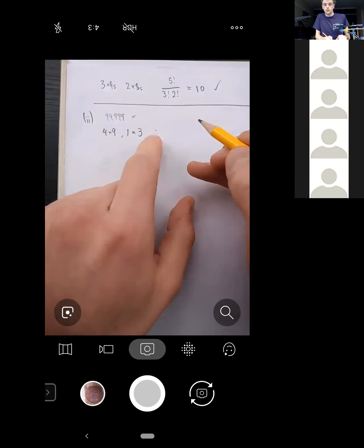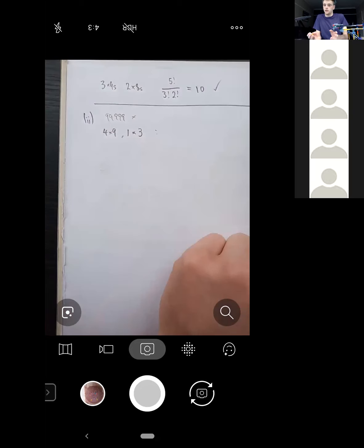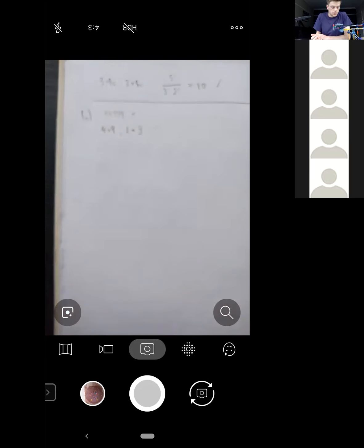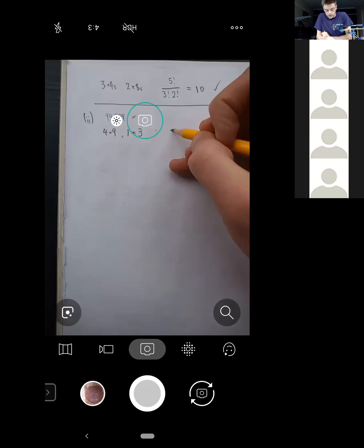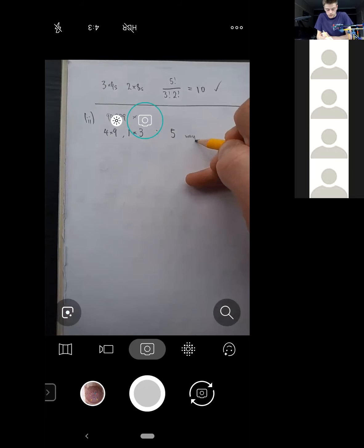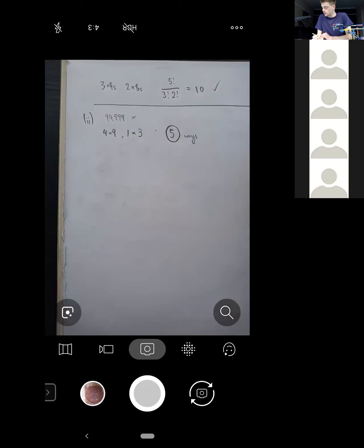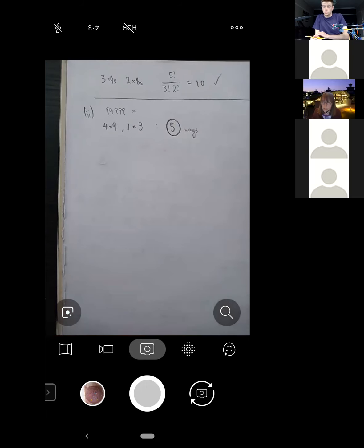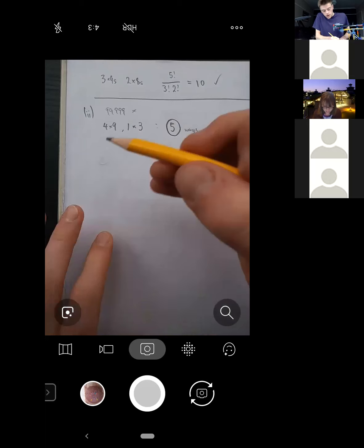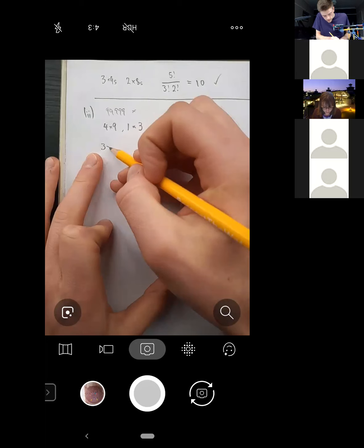Again, we've got 5 places to put the 3, and all the rest of the positions are already chosen for us to be nines. So we've got 5 ways. Also, you could use the multinomial coefficient here, because 5 factorial over 4 factorial, 1 factorial is just 5.